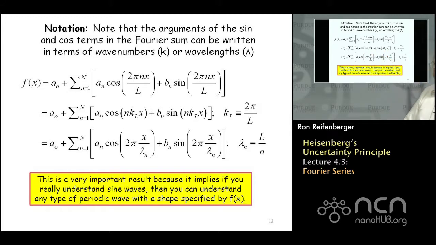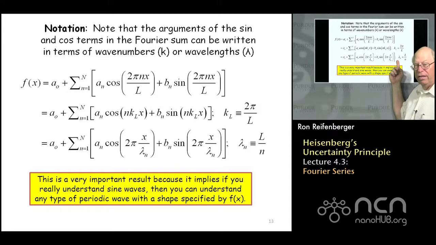And then lastly, if you're interested in wave phenomena, very often it's useful to specify the wavelength of the various contributions to this Fourier series. And to do that, you tend to write the argument of the cosine in terms of the ratio of x to the wavelength of the nth contribution in this infinite series.